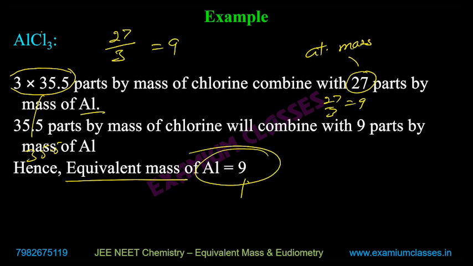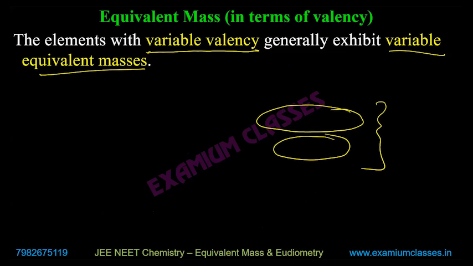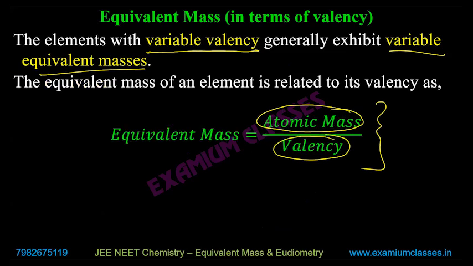Although there you got it by the definition, how much mass of aluminum will be equivalent to 35.5 grams of chlorine, you could have got the equivalent mass by using this formula also: atomic mass divided by valency. Keep writing all these formulas, because depending on what data is given in the question, you will be using different formulas.